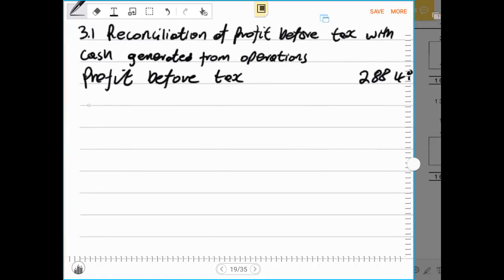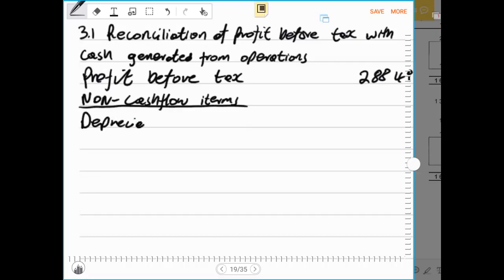And after that, the next line item says non-cash flow items. Under non-cash flow items, we have items that are not cash flow items. The first one is normally depreciation, because there is no cash flow that comes into the business because of depreciation.